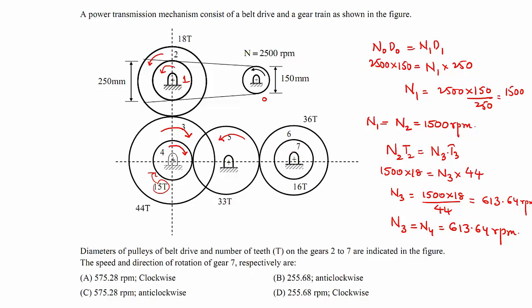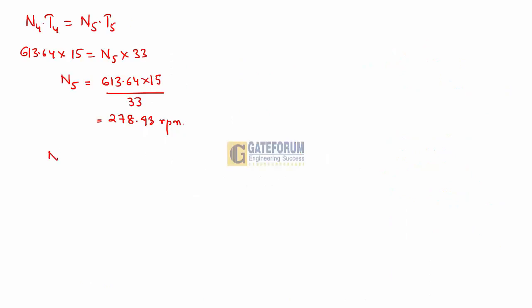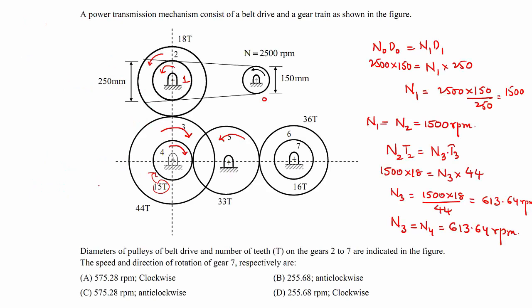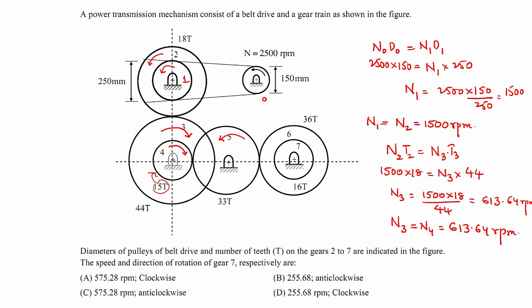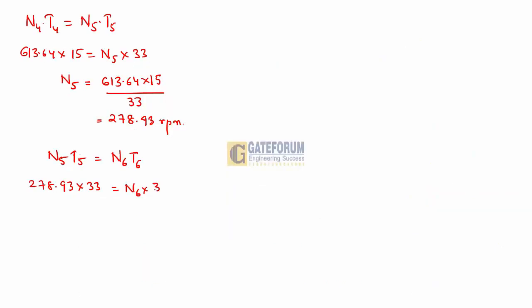Fifth gear is meshing with sixth. So N5 T5 is equal to N6 T6. N5 is 278.93 into T5 is 33, equal to N6, which is not known, T6 is 36. So N6 is equal to 278.93 into 33 divided by 36, which is 255.68 rpm.